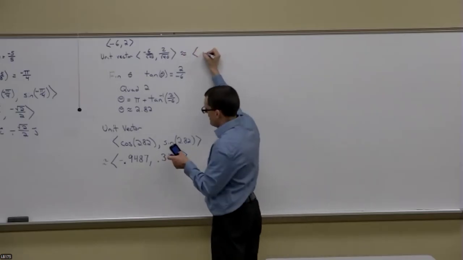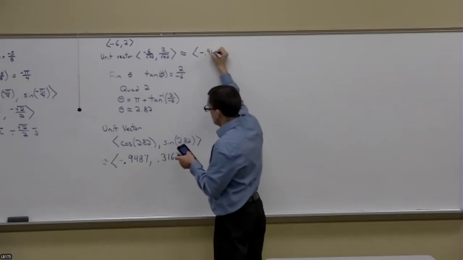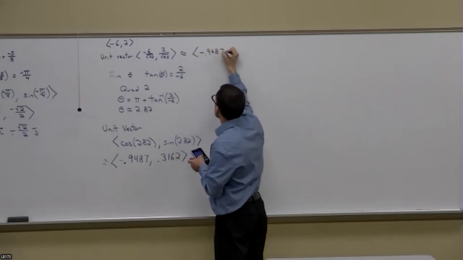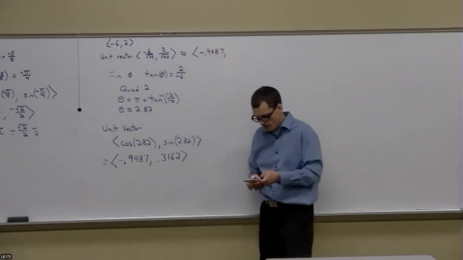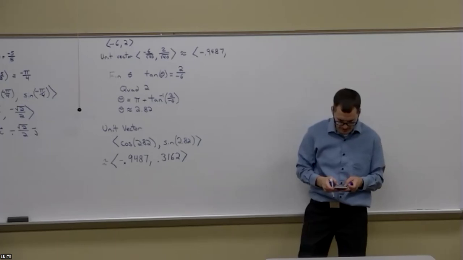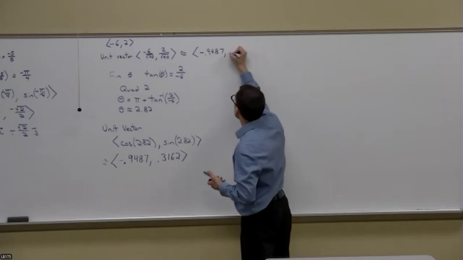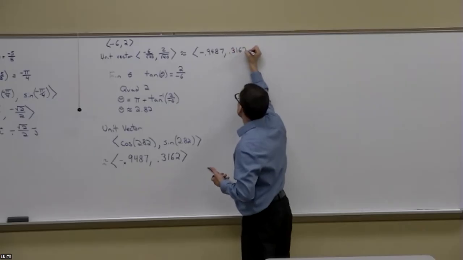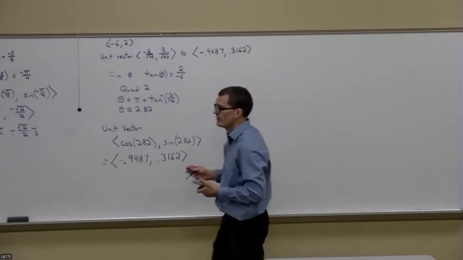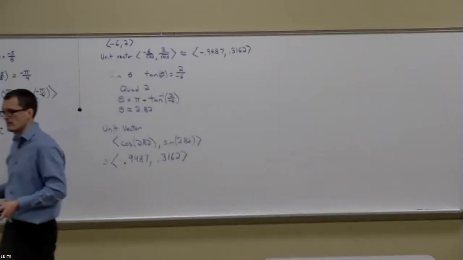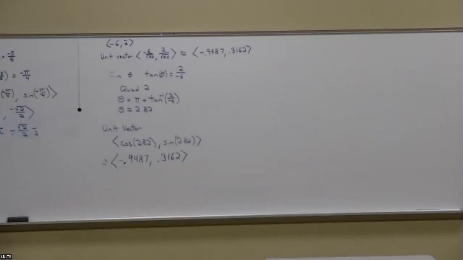You would have gotten negative 0.9487, and then 2 over the square root of 40 would have been 0.3162. Does that make sense? So again, 2 different approaches.